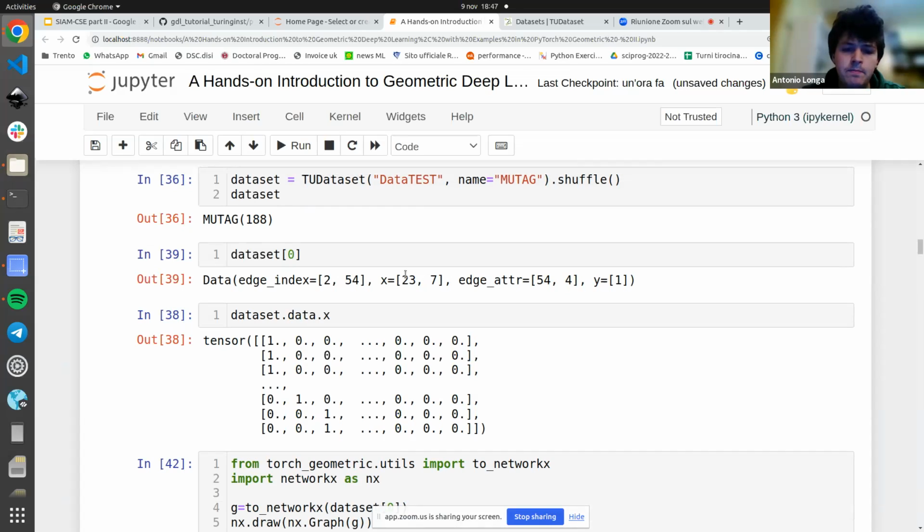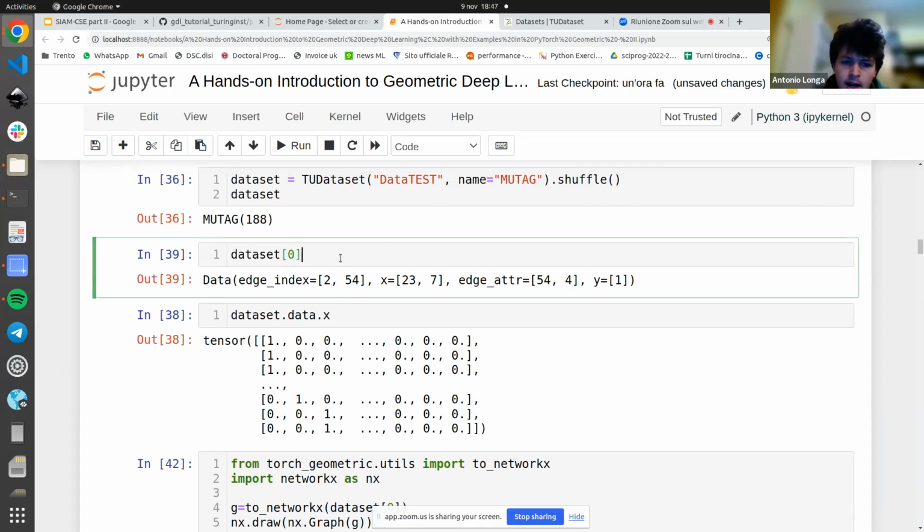No, sorry, it was my error. In the first molecule, there are 23 nodes, and there are 7 features for each node.